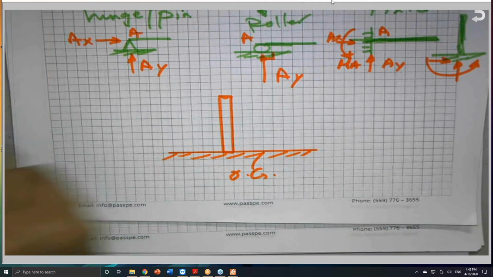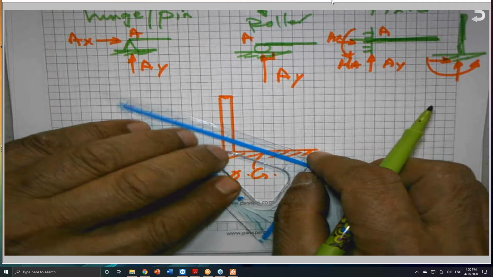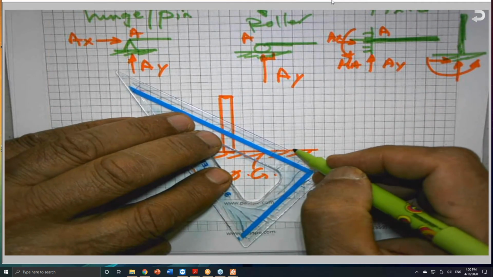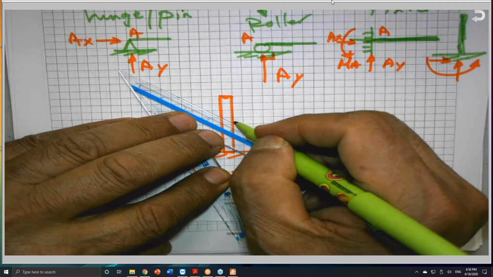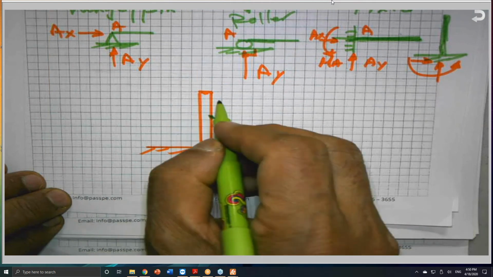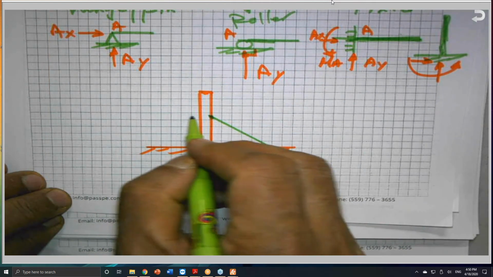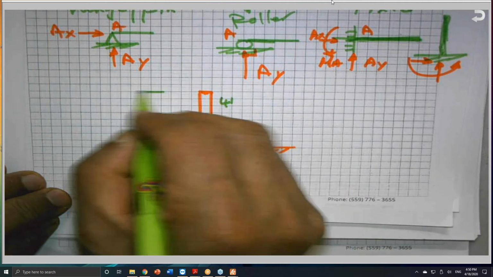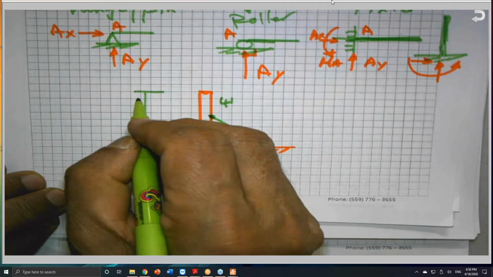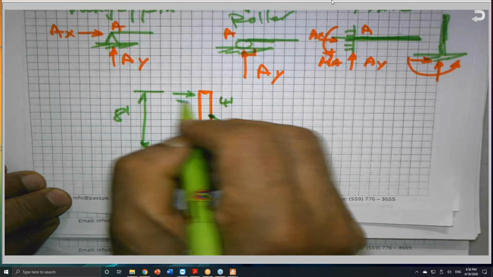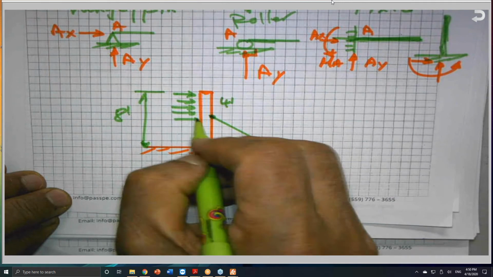And here is the brace supporting this billboard 4 feet from the bottom, or from the top, because the entire height is 4 feet, 8 feet, sorry. And there is a wind coming this way.